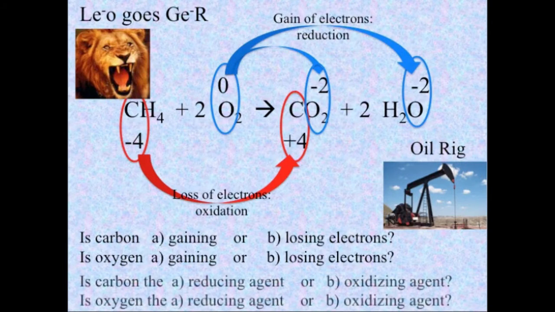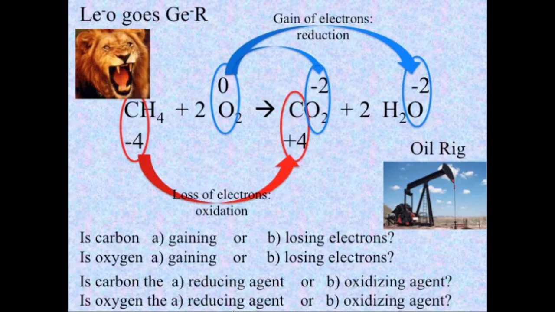Now, just to make things more interesting, there's another way to look at this, and that is to talk about a reducing agent and an oxidizing agent. An agent is something that acts on something else. So, carbon is in the process of being oxidized. It is undergoing oxidation, but it is also acting as a reducing agent for the oxygen.